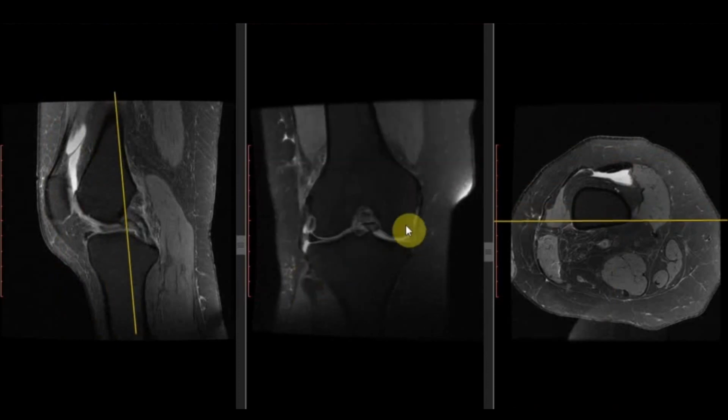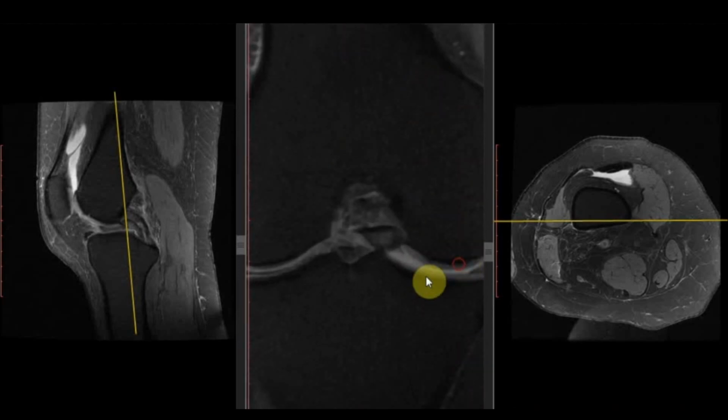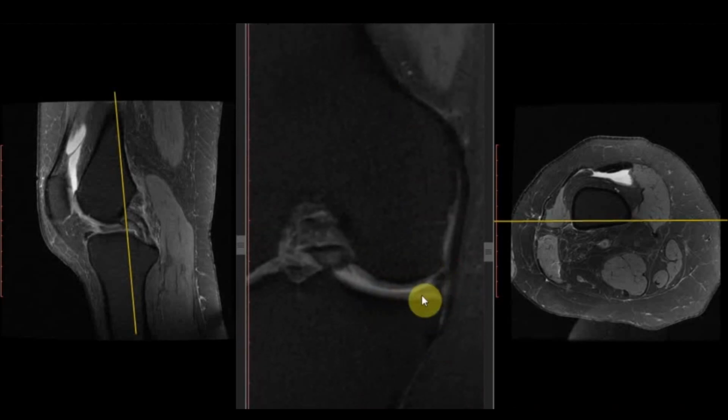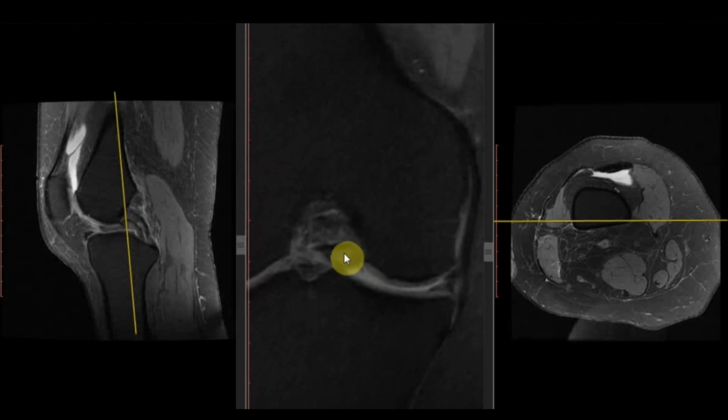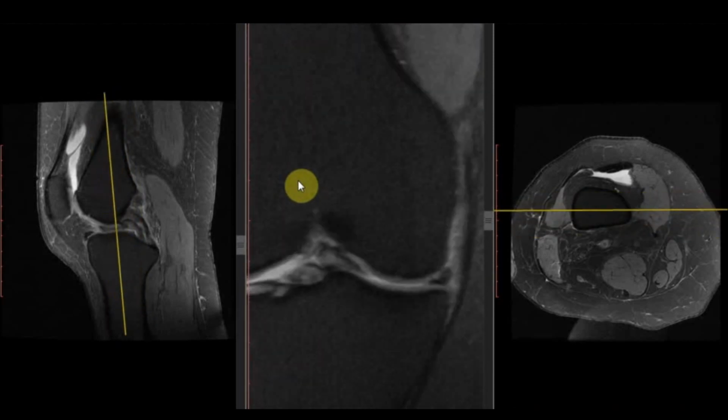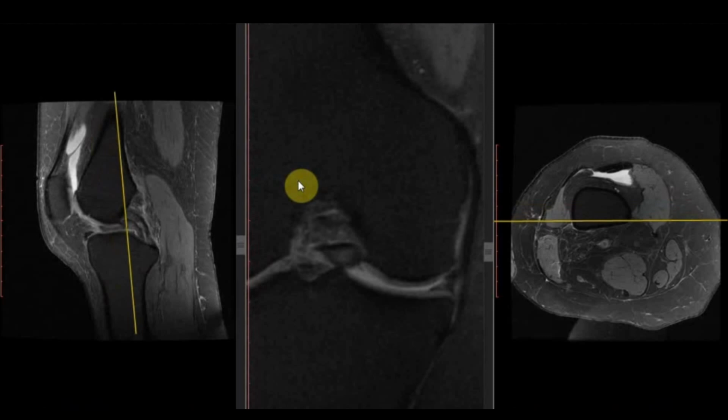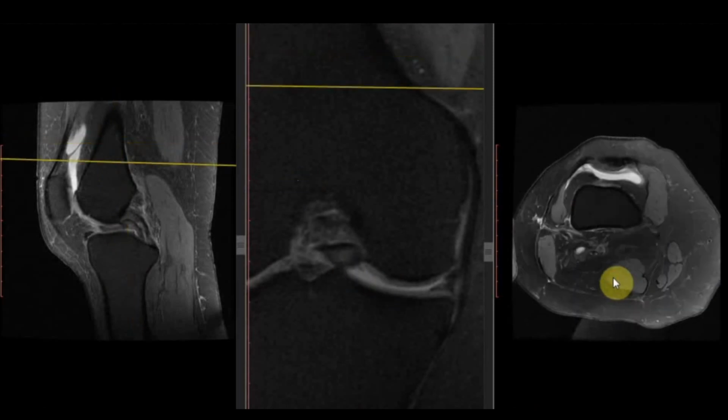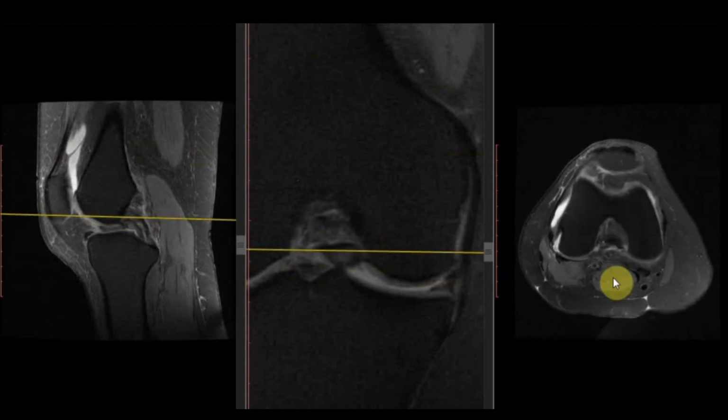So as we can see, this is the medial meniscus, and the body is thinned out and there is extra meniscal tissue present here. So this is a case of bucket handle tear, in which there is a vertical longitudinal tear which has displaced.